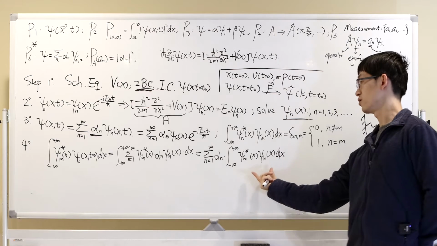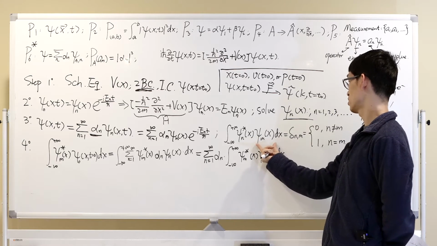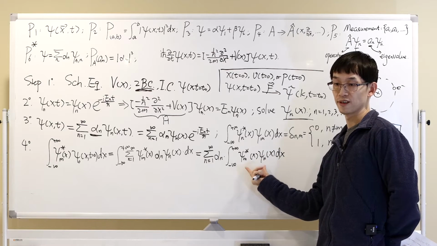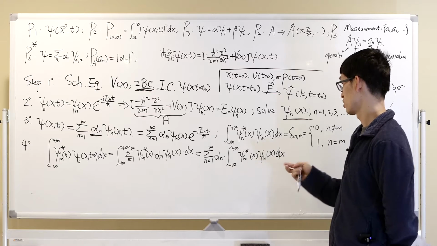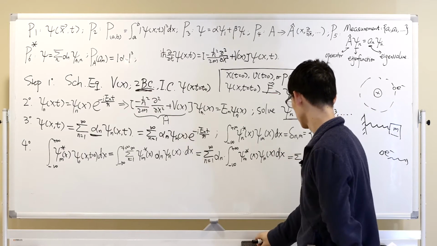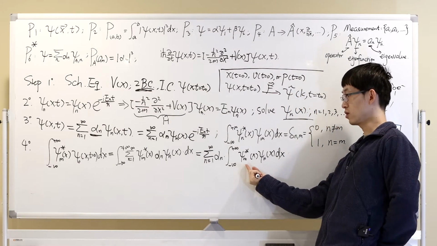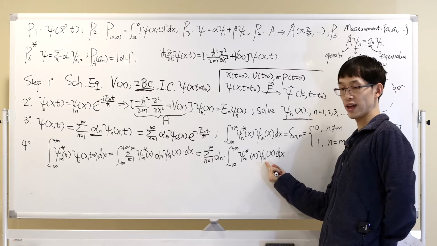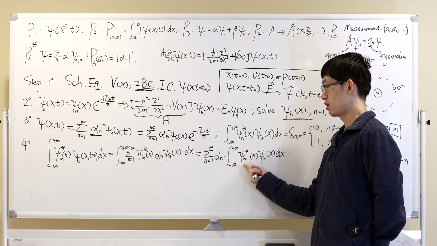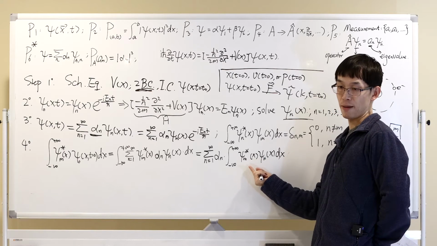If you compare with the top, this is just the orthonormal condition. So this integration equals 1 when n equals m, and equals 0 when n is not equal to m.